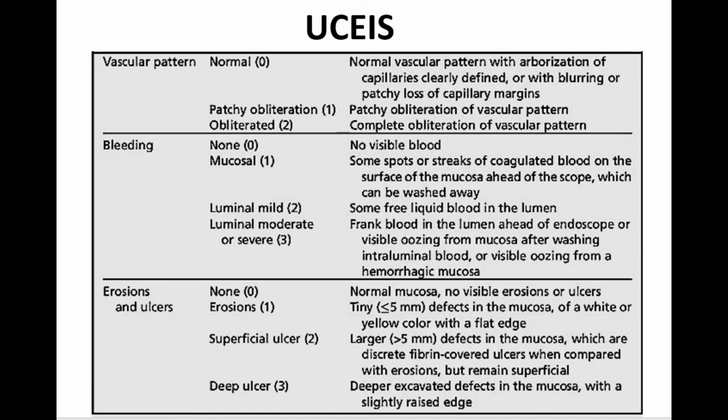Mild mucosal bleeding is 1. Luminal bleeding only is 2, and severe luminal bleeding is 3. For erosion and ulcers, none is 0, erosion is 1, superficial ulcer is 2, and deep ulcer is 3. Thus UCEIS ranges from 0 to 8, and it is a validated index of severity based upon endoscopy.